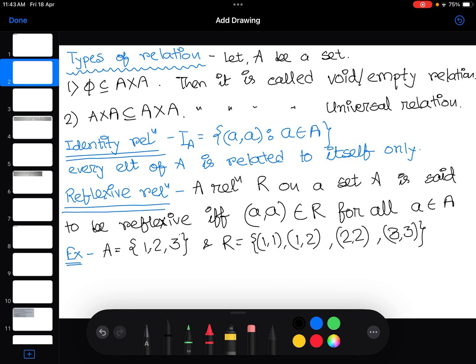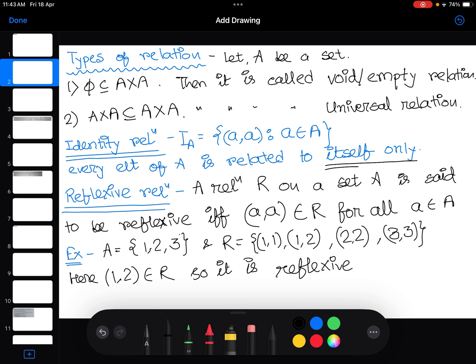But here we have (1,2) belongs to R. So it is reflexive clearly, but it is not identity, because in an identity relation every element should be related to itself only.